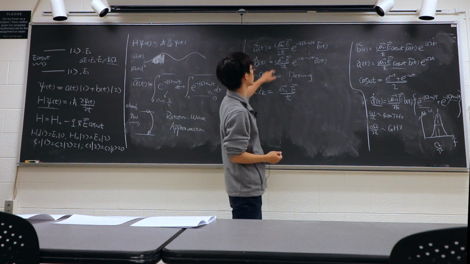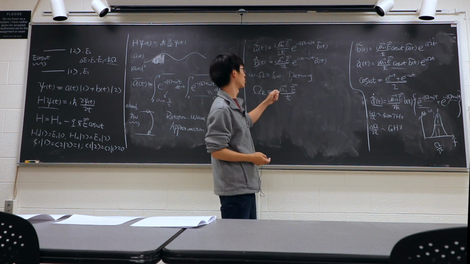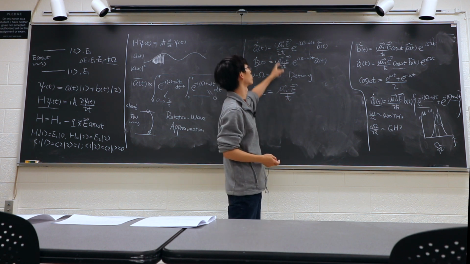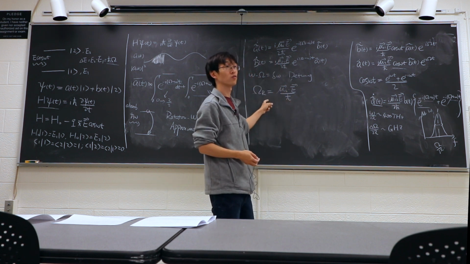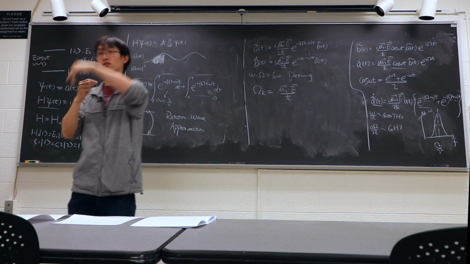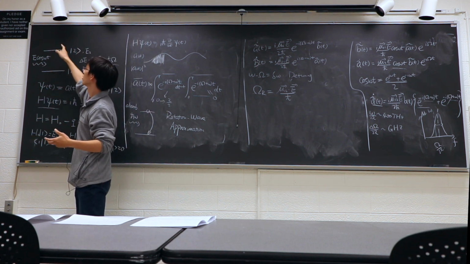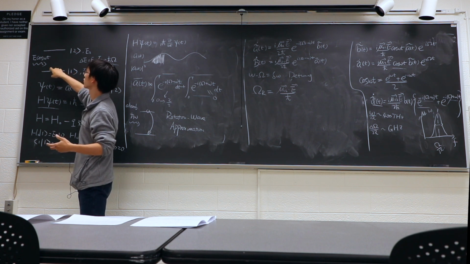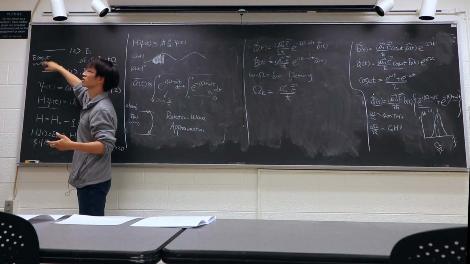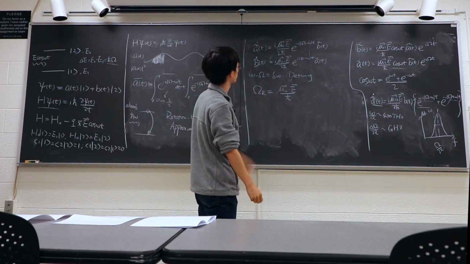And it's interesting that the 2 is still there. Later you will see why in the Rabi frequency we didn't include 2. And this Rabi frequency is related to how the atom is flipped from the ground state to the upper state and from the upper state back to the ground state. So these are the definitions.